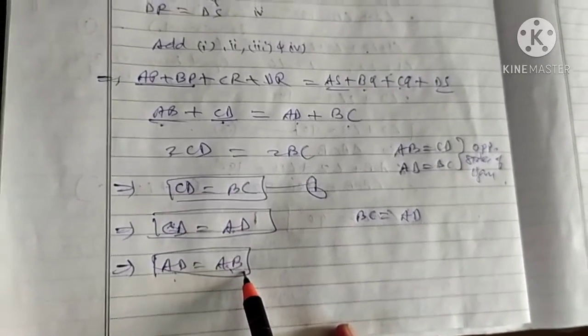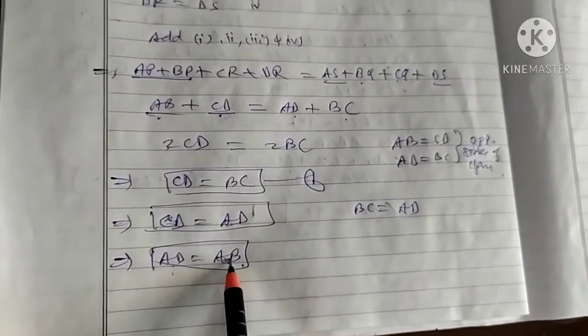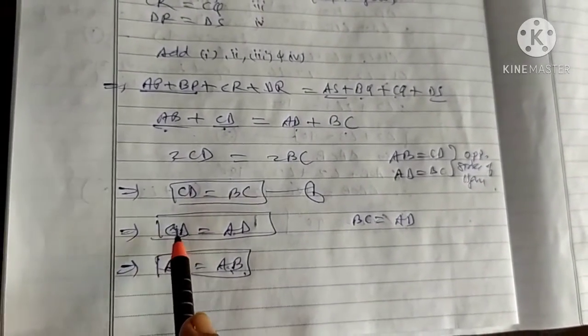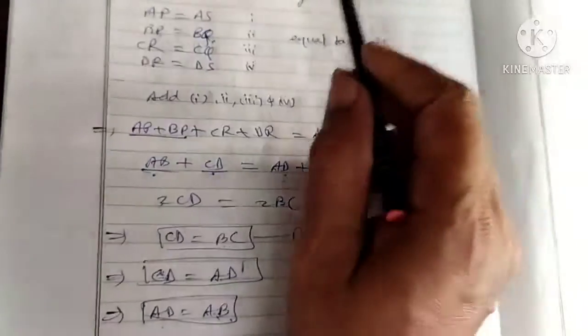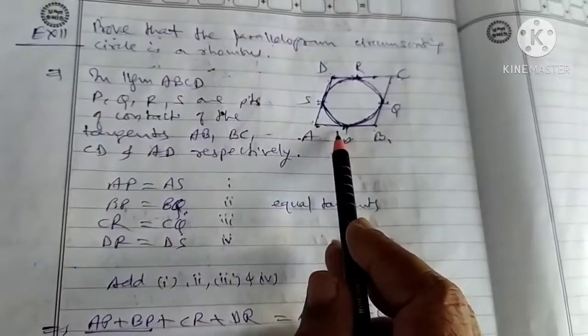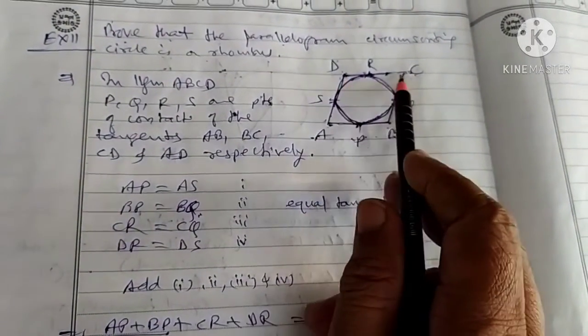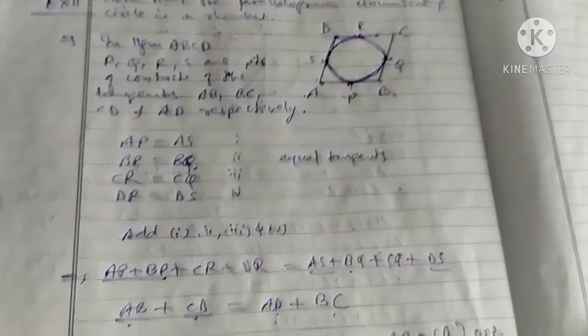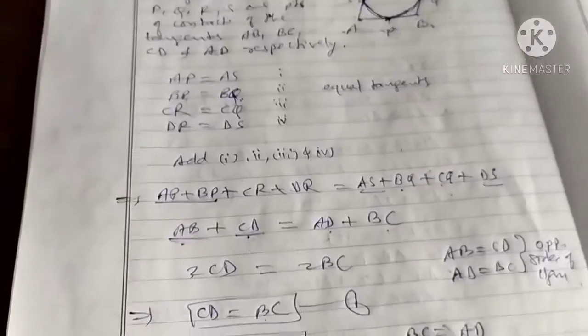Then you came to know, see now AB equal to AD, AD equal to CD, CD equal to BC. So in a parallelogram, if all sides are equal, it is a rhombus.